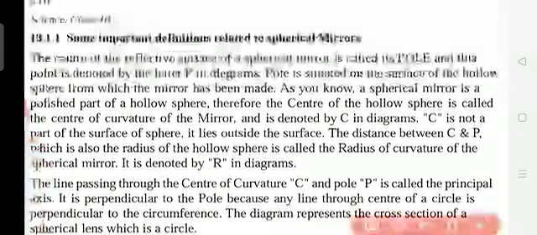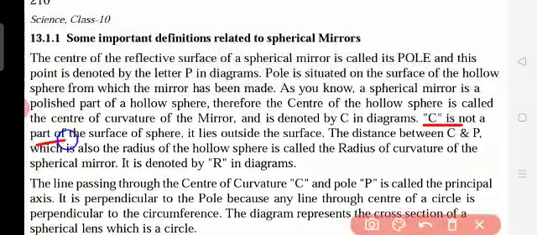And C is not a part of the surface of the sphere. It lies outside the surface. The distance between C and P, which is also the radius of the hollow sphere, is called the radius of curvature. It is denoted by capital R.